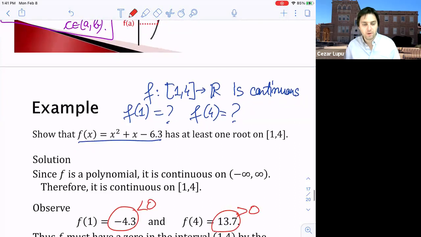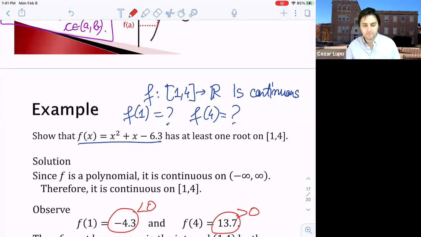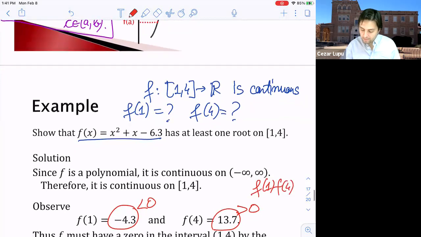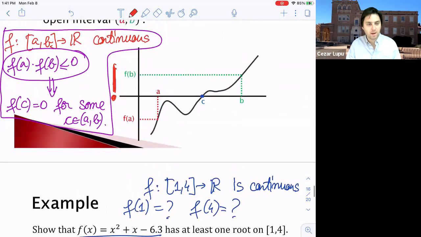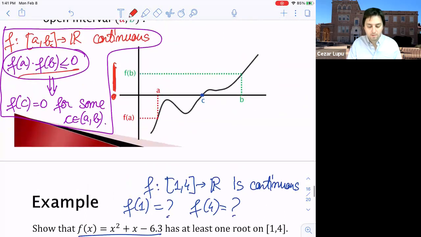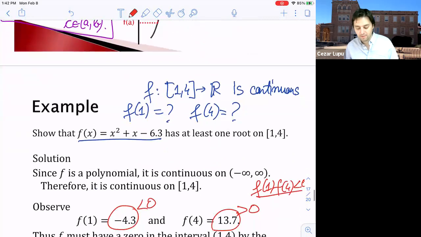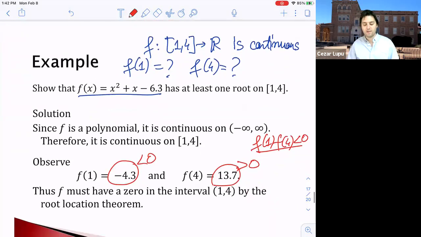So since the product f of 1 times f of 4 is negative, then based on what we said here, we can say that f must have a 0 in the open interval (1, 4) by the root location theorem. Does this make sense? This is pretty standard if you know the root location theorem, right?